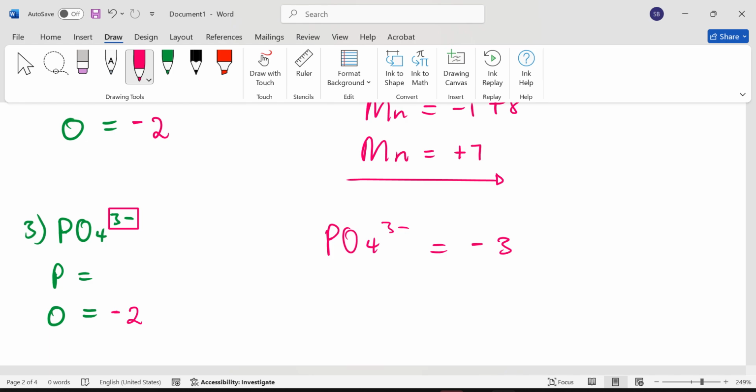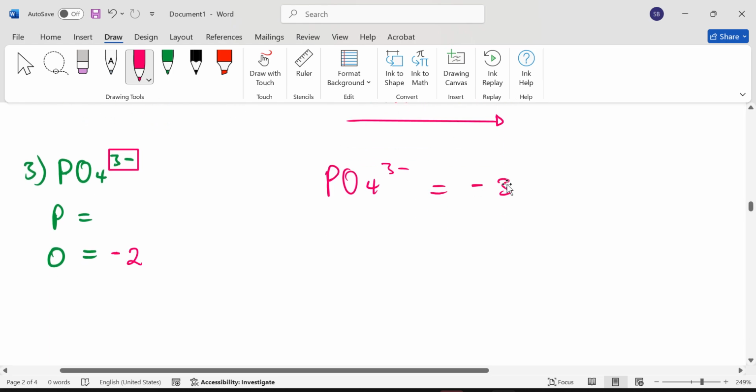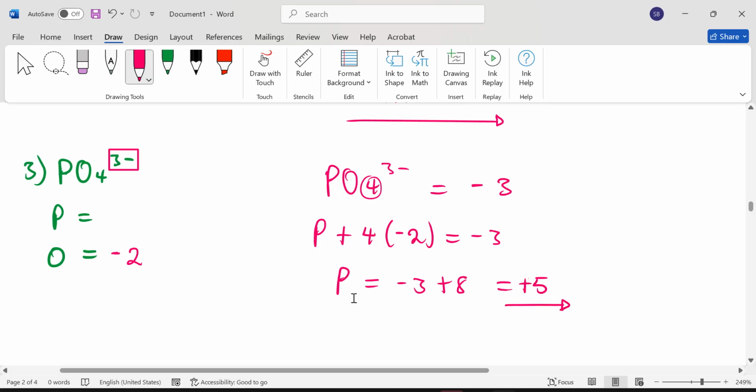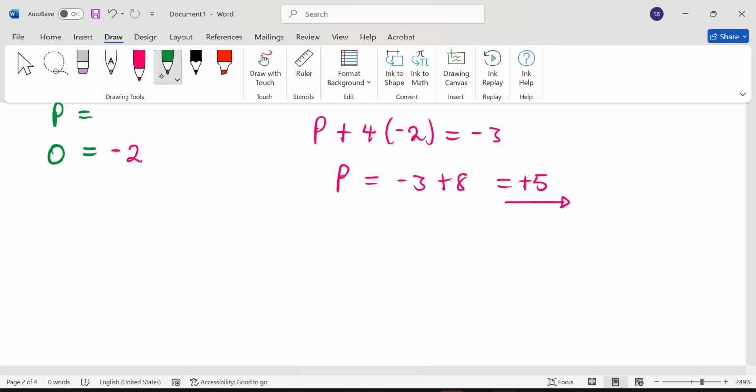Thus, I'll then say phosphorus, which is what I want, plus subscript 4 times negative 2 equals negative 3. Thus, P will then be negative 3. That gives me a negative 8 plus 8. That will then give me an oxidation number of phosphorus as a positive 5. Pretty fun, if you ask me.